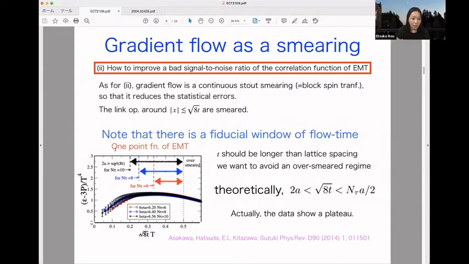In the actual data of the one-point function of the energy momentum tensor, we find the data shows a plateau region in this fiducial window. That is a highlight of our previous paper.